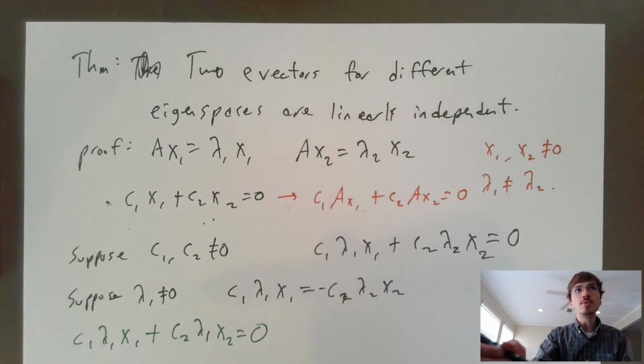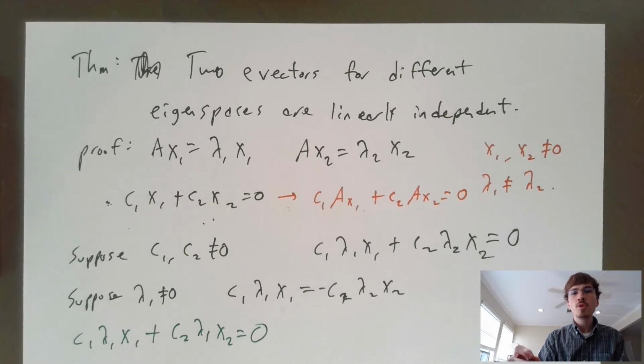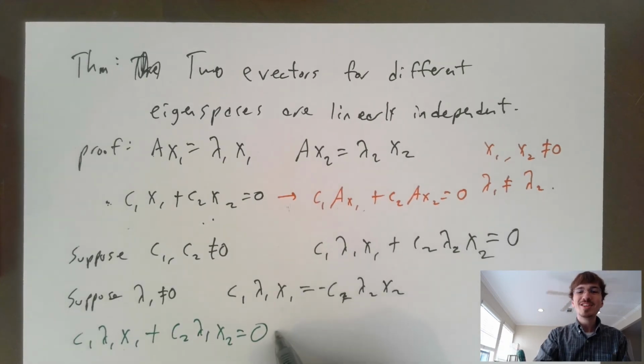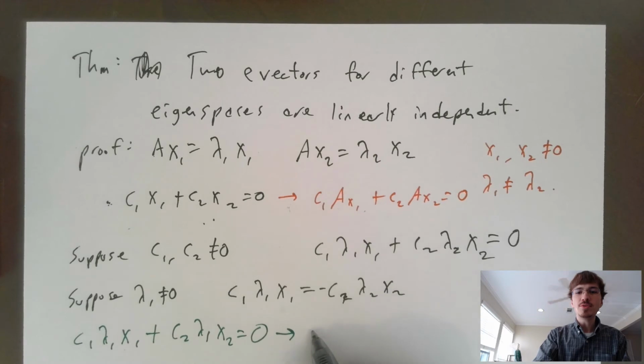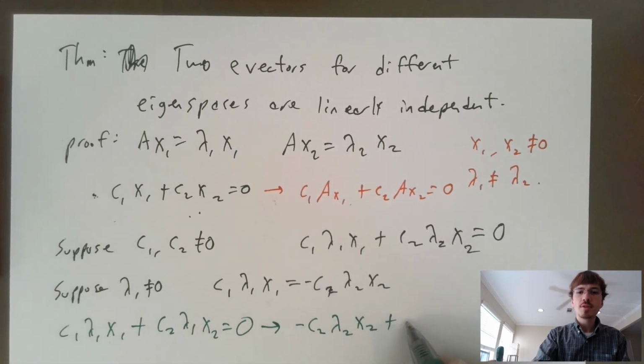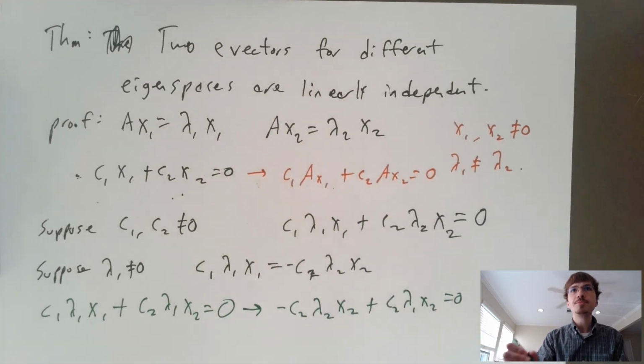Well, what is c1 lambda 1 x1? I know that that's negative c2 lambda 2 x2. So we get negative c2 lambda 2 x2 plus c2 lambda 1 x2, and I know that has to be 0.